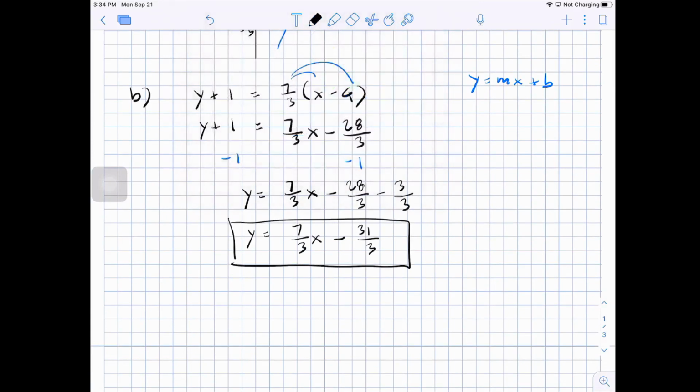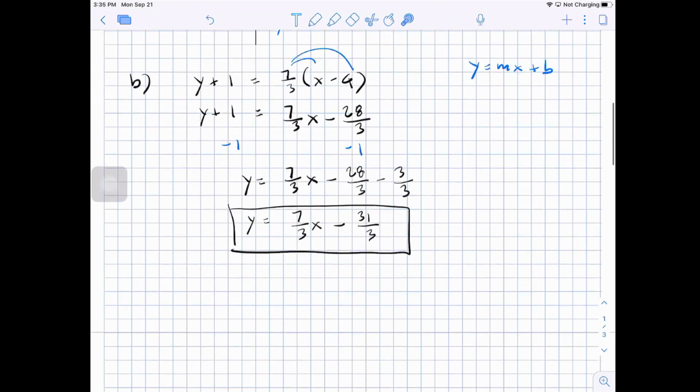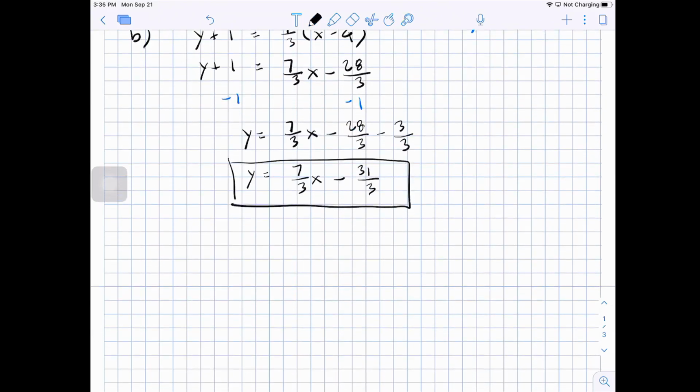So the last part is part C. Transform the equation to ax plus by equals c form, where a, b, and c are all integers. Okay, so let's go back to part C. All right, so we start out with this. And we want to go to ax plus by equals c, I believe.